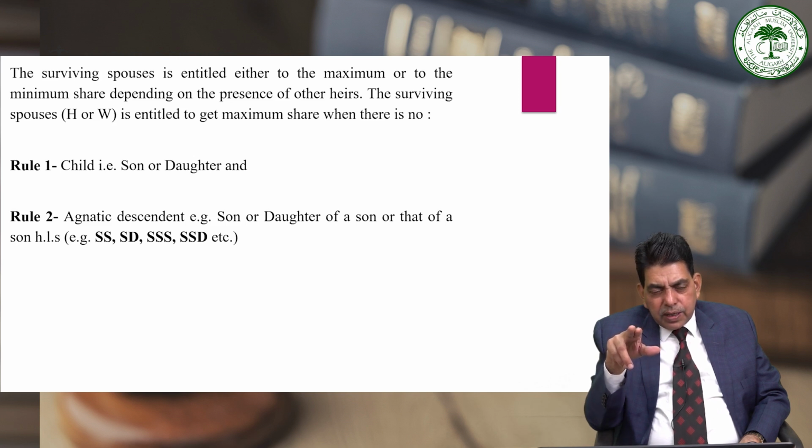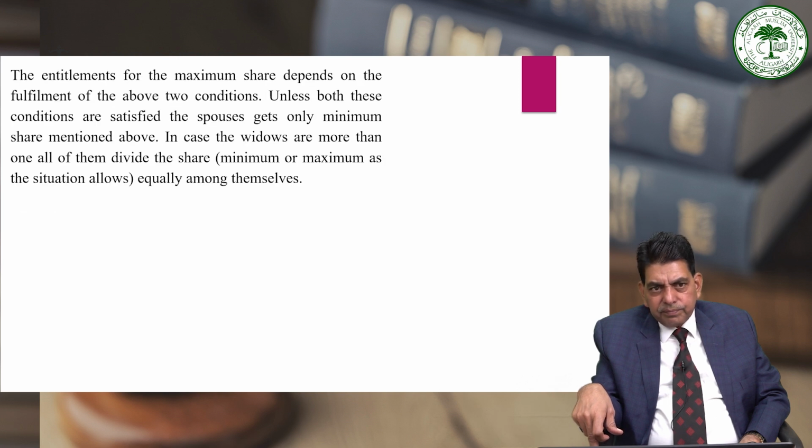In the total absence of these two categories of relations, if it is the husband, he will take 1/2 of the net property. If it is the widow, she will take 1/4.